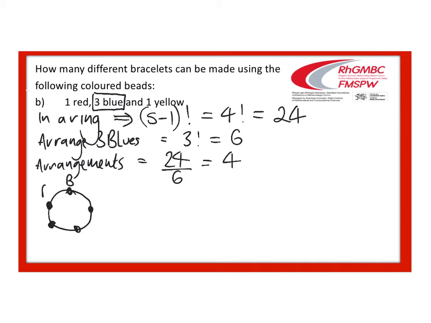And I'm going to put the 3 blues next to each other. Then the 1 red and the 1 yellow, I could write red there and yellow there, or if I was to write it out again, we're going to have blue, blue, blue, and then yellow, red.